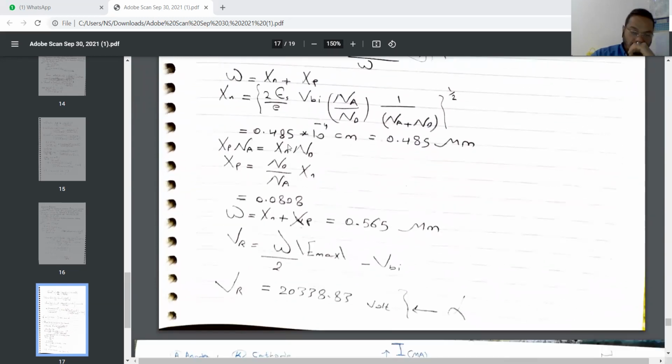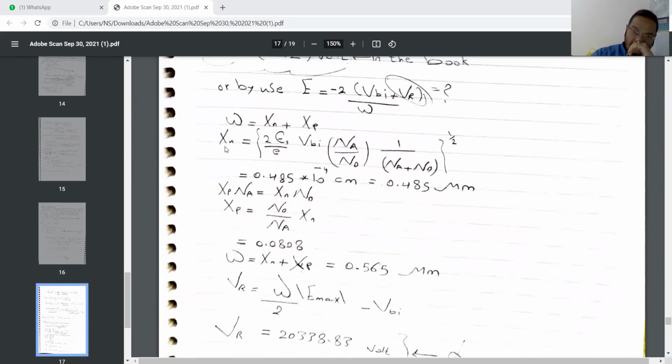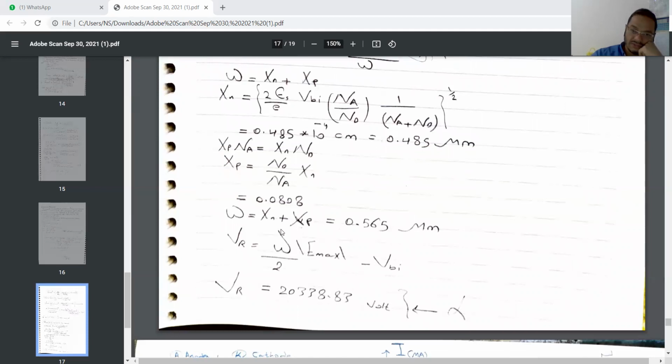But I determined xn as 0.485 micrometer, and by using equation 7.27 to calculate xp, and after that calculating all of them, the width was equal to 0.565 micrometer.